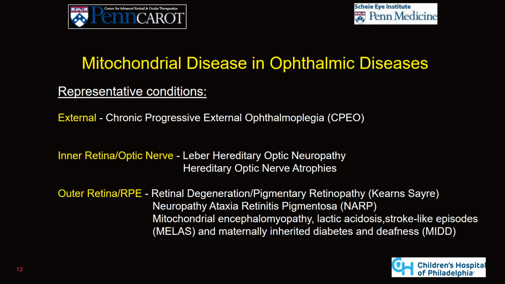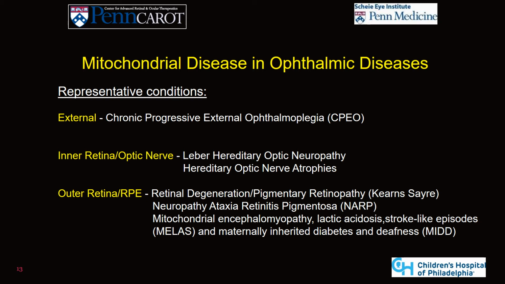Mitochondrial disease may then be described with classical representative conditions, which I'm going to present to you today. One that affects the external motility of the eye more in isolation is chronic progressive external ophthalmoplegia.